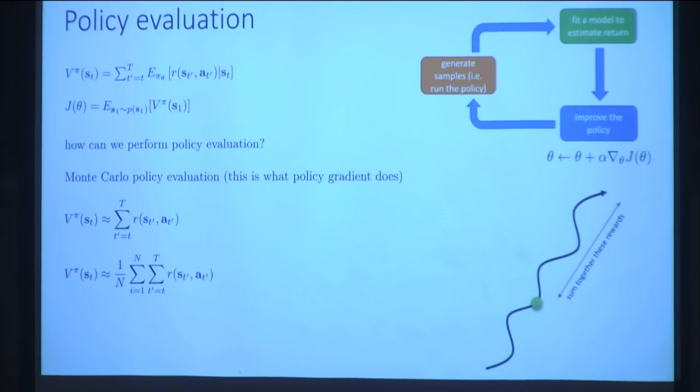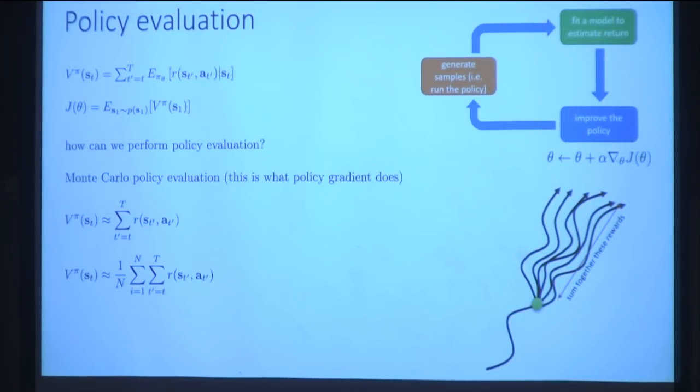We can get a better estimate if we can do this Monte Carlo policy evaluation with multiple samples. So if we could actually teleport back to this state and try multiple times, then we could generate multiple samples from i equals 1 to n from a single state, average them together, and we get a better estimate of the value. Of course, in general, we can't do this because this requires us to have some kind of simulator that we can reset back to the same exact state that we were in before and try again.